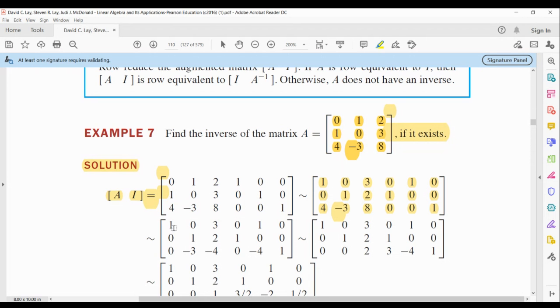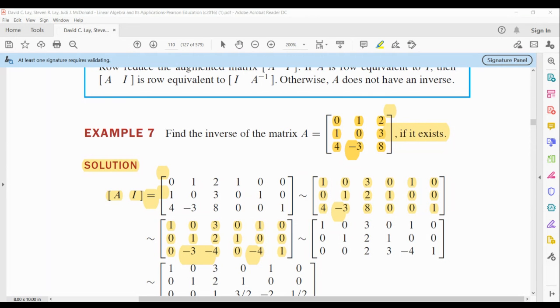Then, in the next step, what did they do to get to the next step? They did -4 times row 1 plus row 3, and put that result in row 3. Because they want the 4 in the bottom left-hand corner to be a 0.